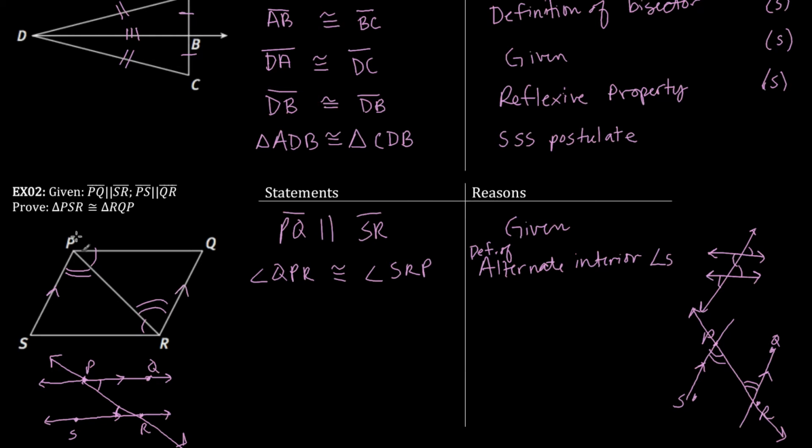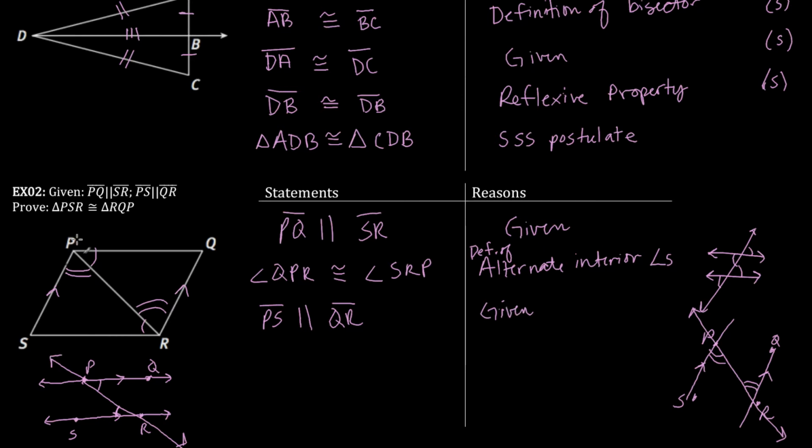So we have to establish that they are parallel before we can say that they are alternate interior angles. So we know that PS is parallel to QR. We know this because it's also given.